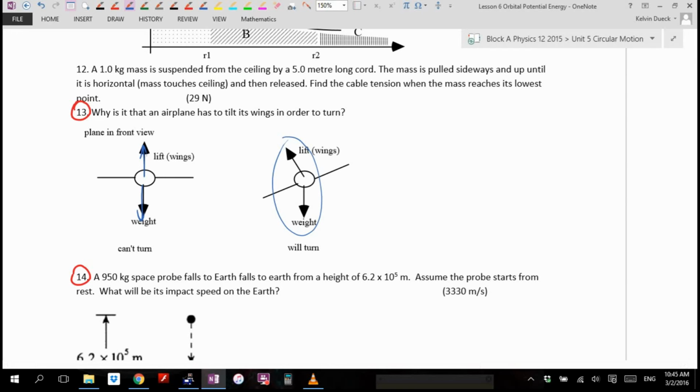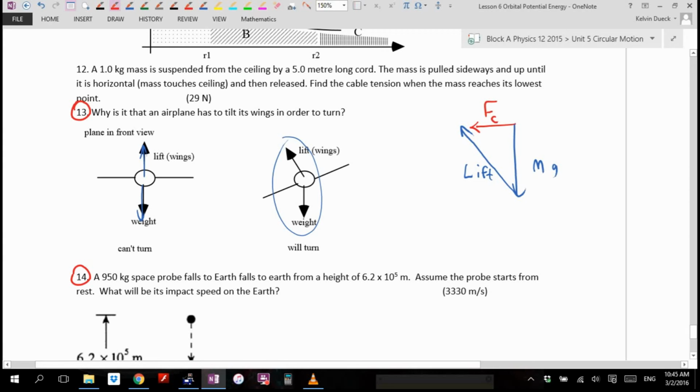Colin, how would I add those two forces together? I get this. Gravity. I get lift. And lo and behold, that's what gives me a net force pointing towards the center. That's why planes have to tilt in order to turn. Who knew? But in hindsight, cool.